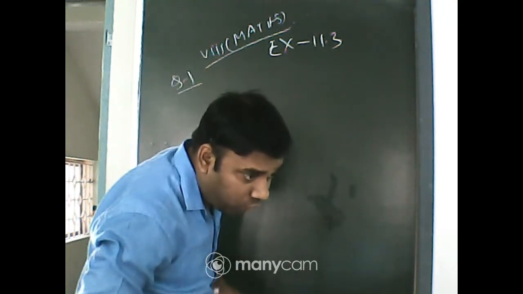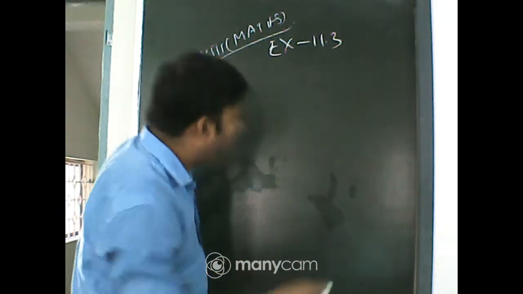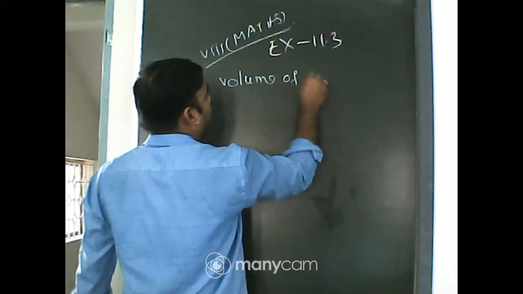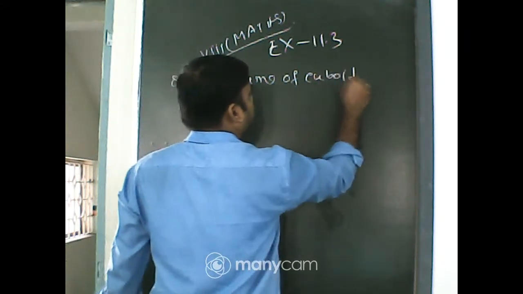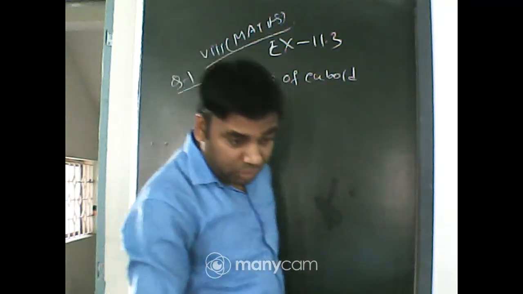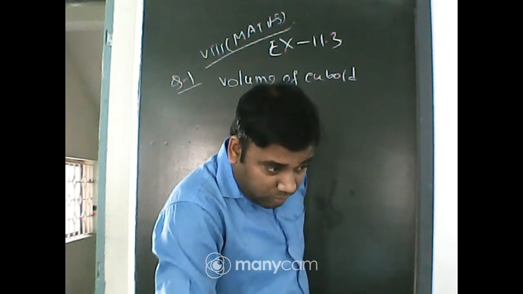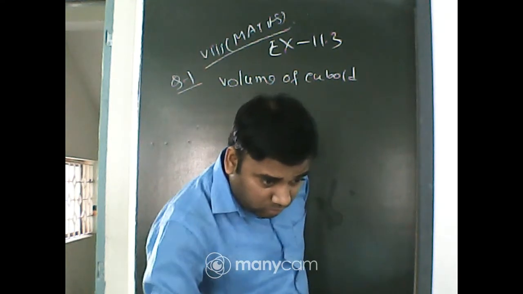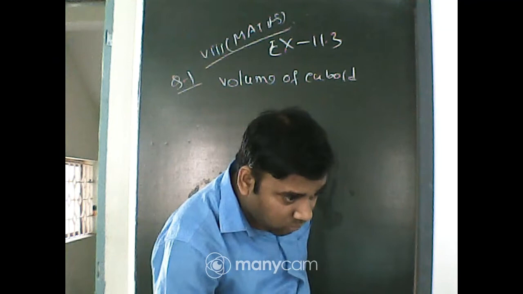The volume of a cuboid. Tell me, what is the formula of a cuboid?